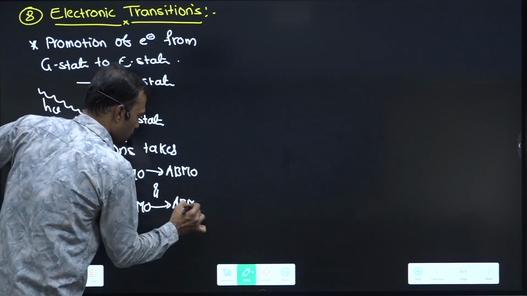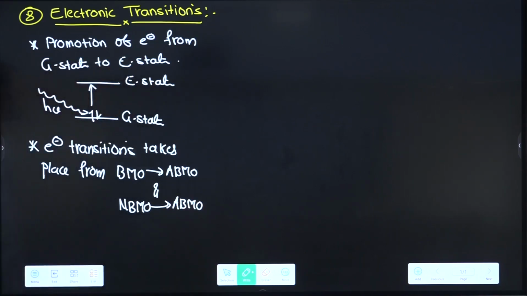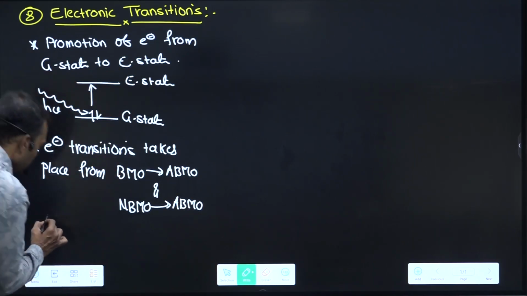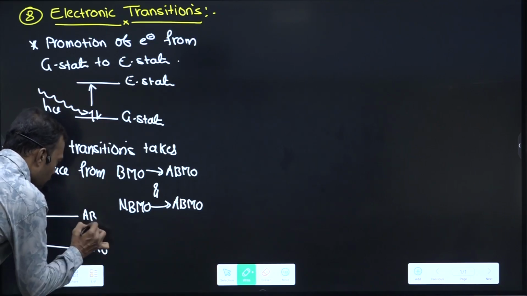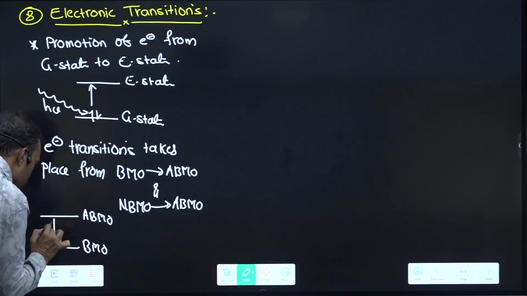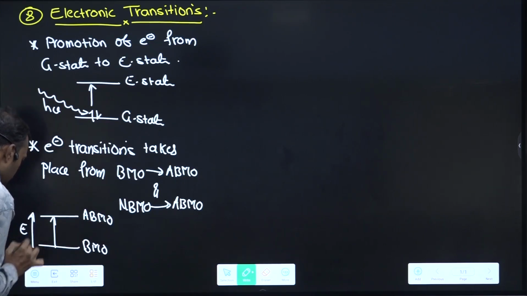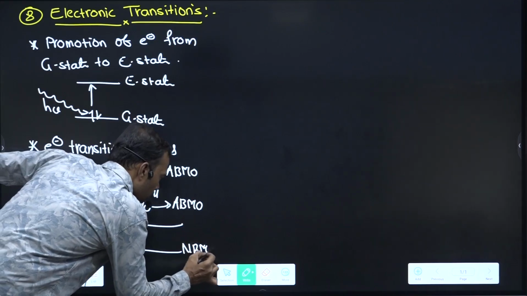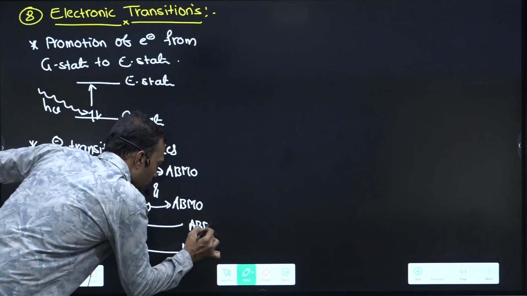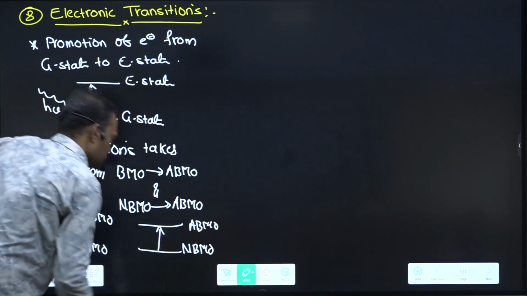Only these two electronic transitions are possible. ABMO to ABMO is not possible, BMO to NBMO is not possible. So if I take any bonding molecular orbital and this is anti-bonding molecular orbital, electronic transition is possible. This is the energy order. And if I take non-bonding molecular orbital and anti-bonding molecular orbital, electronic transition is possible.